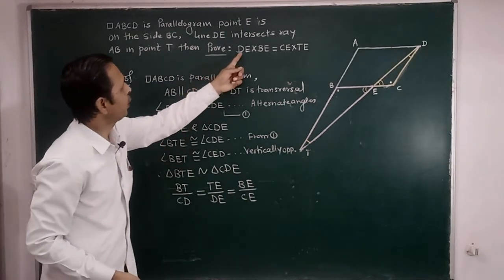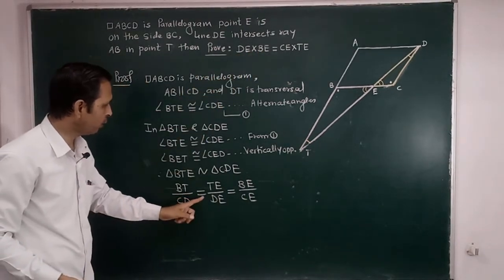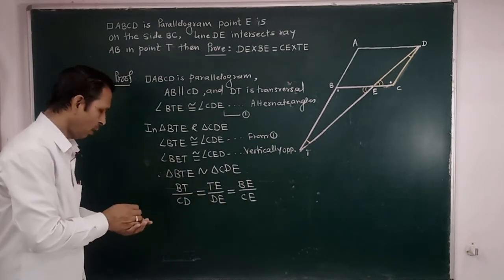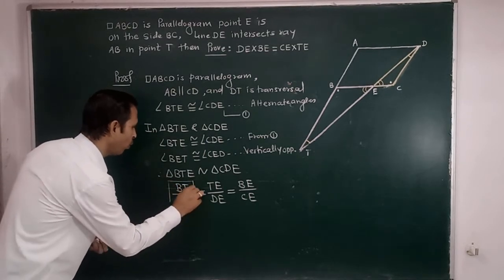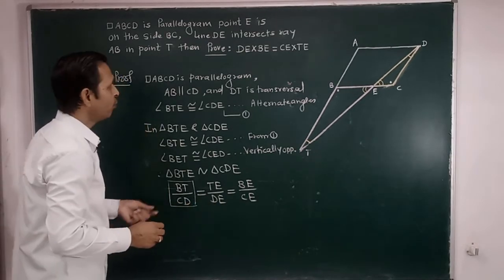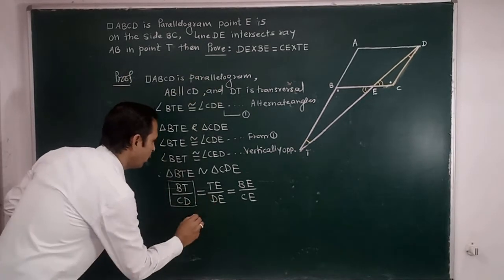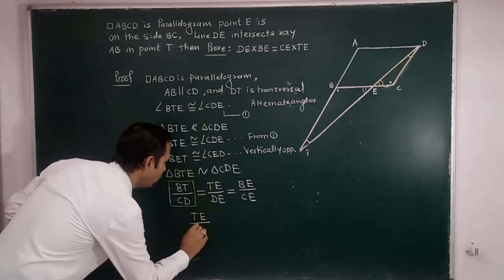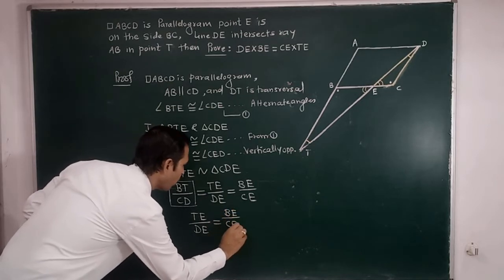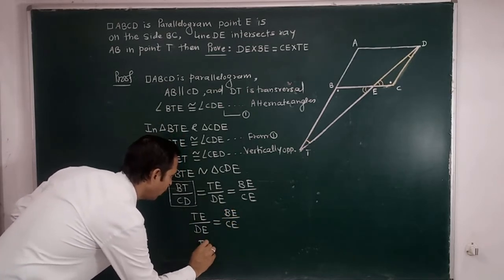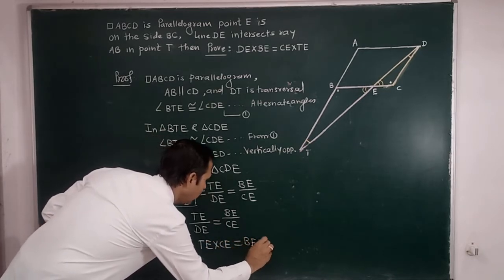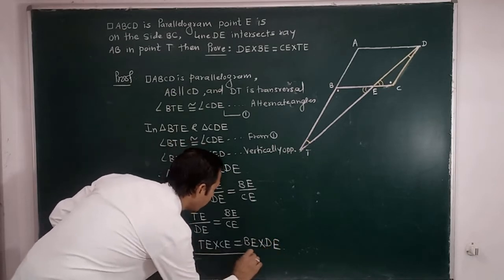Now in our proof, DE into BE is equal to TE into CE, means this ratio BT upon CD is omitted, and from these two ratios, TE upon DE is equal to BE upon CE, we cross multiply and get TE into CE equal to BE into DE, and this is our proof.